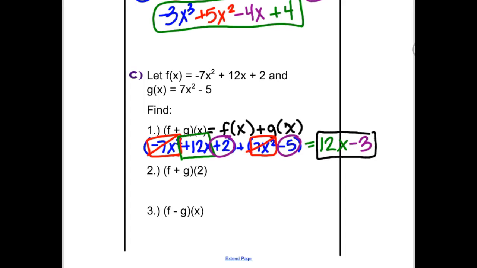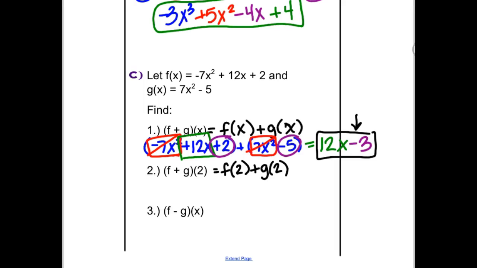The second part is f plus g of 2, which really means f of 2 plus g of 2. There's a couple different ways to do this. Because we just found out what f plus g of x is, we can just substitute 2 in for x there. But if you didn't know that, you would have to replace all of the x's in f of x and g of x with 2, and then do a whole bunch of number crunching.